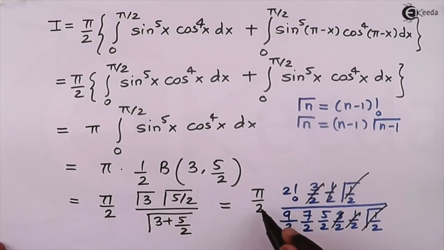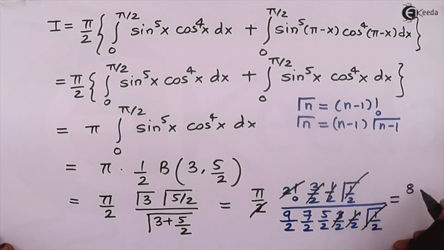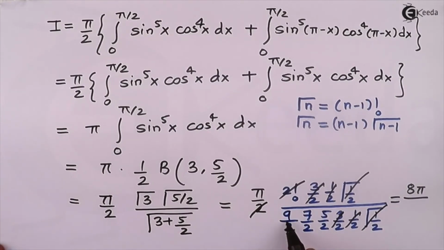Next, here we can cancel this 2 with 2 factorial because it is 2. So in the numerator we'll just get pi. Next, 2 into 2 into 2 is 8. So 8 will go in the numerator, that will become 8 pi. And if you multiply this 9 with 7 and then with 5, then you will get 315.